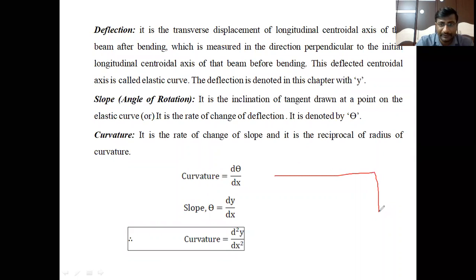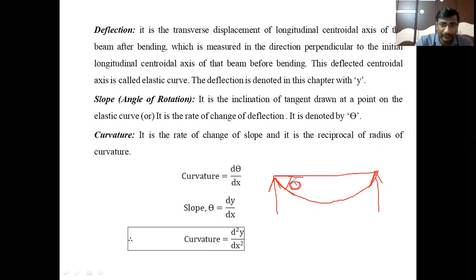For example, take the same example, a simply supported beam, and the beam bends like this. Angle of rotation or slope. Slope means the angle of rotation of the beam. Initial position is horizontal, and after rotation it is a curve. This angle of rotation of every point is called the slope.